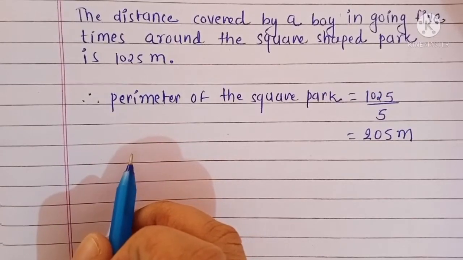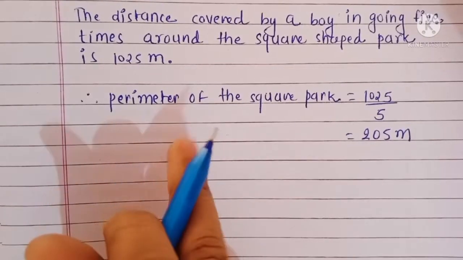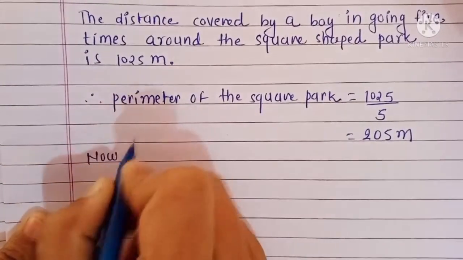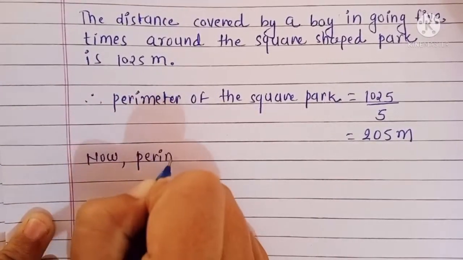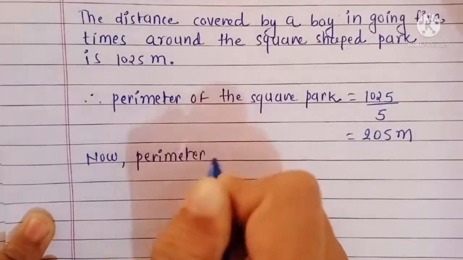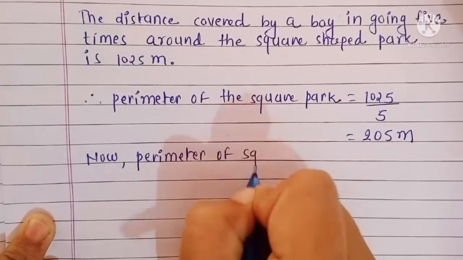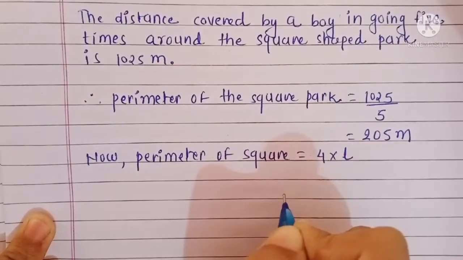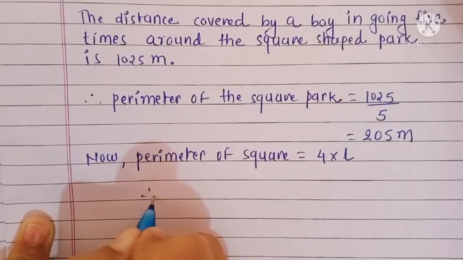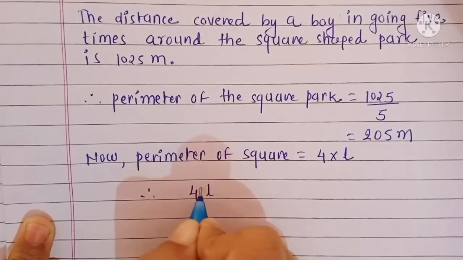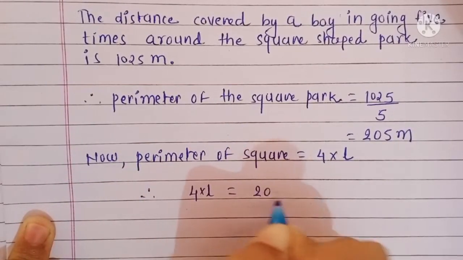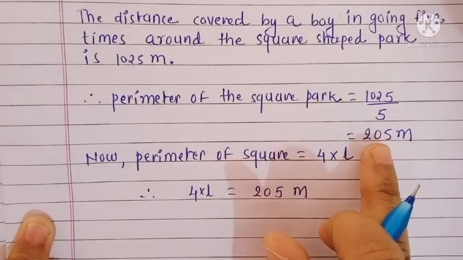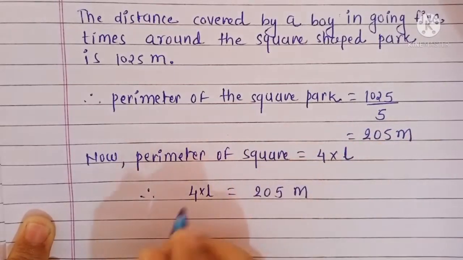Now we find length of the square park by using perimeter. Now perimeter of square is equal to 4 multiplied by length. Therefore 4L is equal to 205 meter, as perimeter of the square is 205 meter.